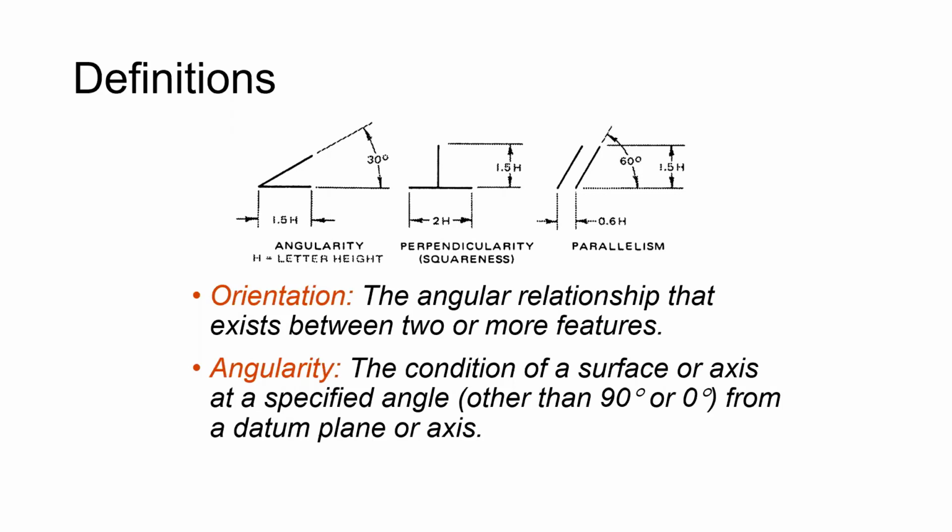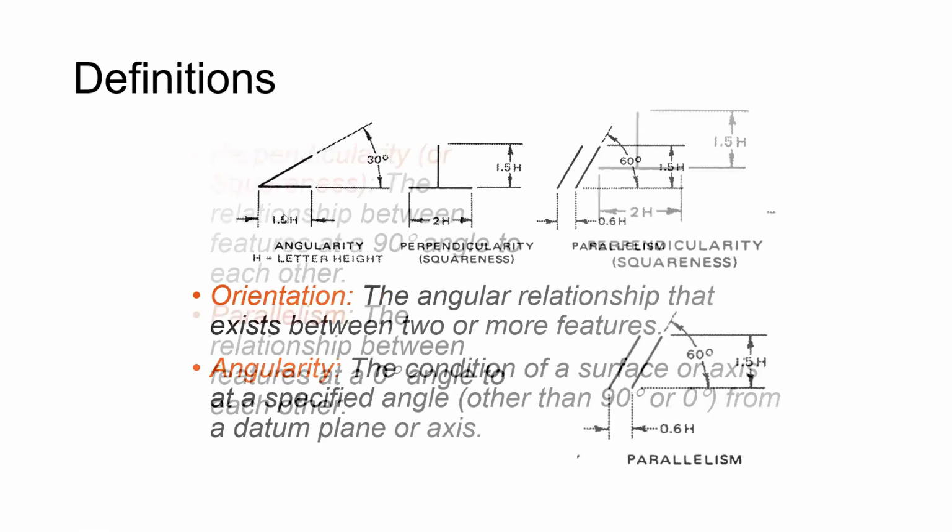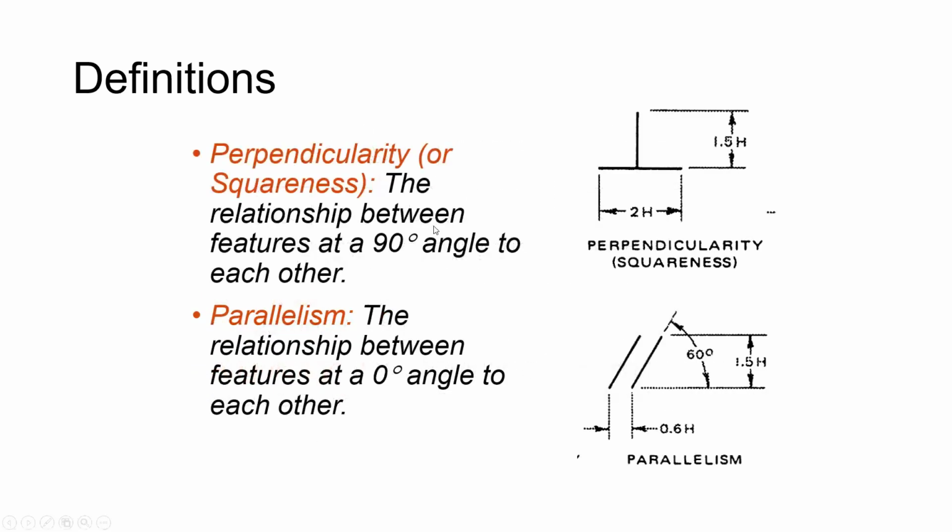Datum A or datum B or datum A and B. The condition of a surface or axis is a specified angle other than 90 degrees from a datum plane or axis. Perpendicularity is that 90-degree angle, and parallel means they're at the same angle. Okay, I put the symbols in there. You won't have to draw the symbols like that.